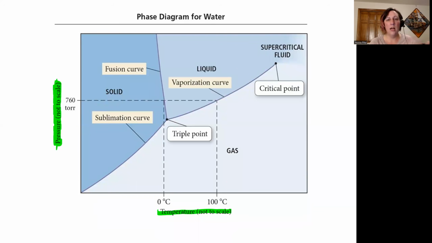This one's in torr. Pressure units are usually atmospheres, torr, psi, like pounds per square inch. Weather pressures are usually reported in bar or millibar. So there's a lot of units out there. Pascals. Anyway, I can keep going.